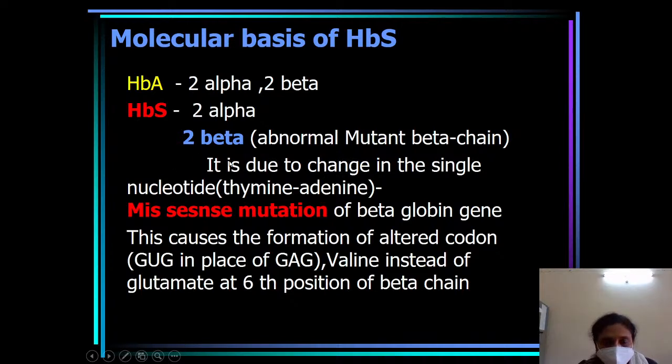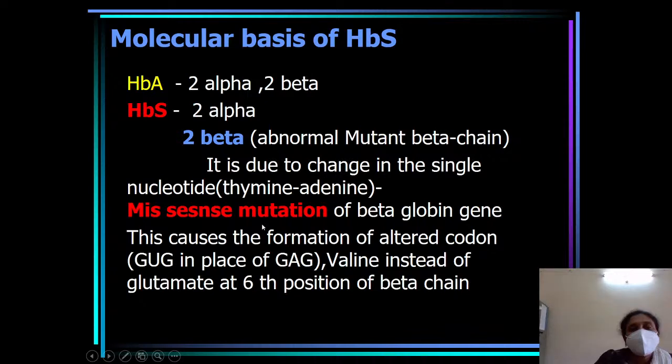This abnormal beta chain is due to a single nucleotide mutation. That means thymine has been replaced by adenine. So this mutation replaces a single nucleotide, thymine, with adenine.